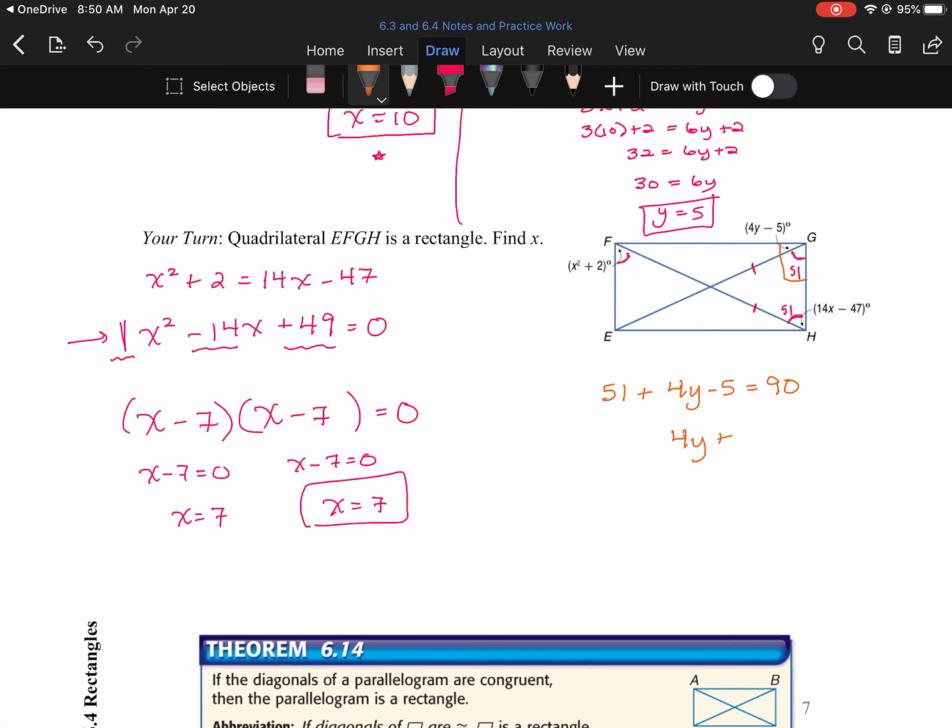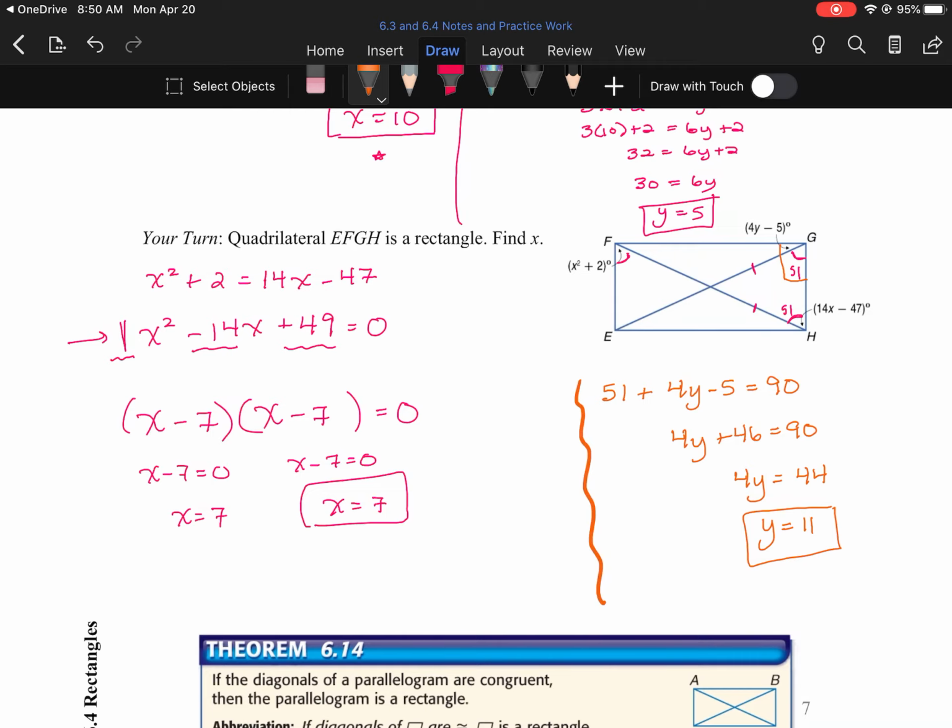So 4y plus 46 is equal to 90. Subtract 46 from both sides. So 4y is equal to 44, and then y is going to equal 11. So just in case on your practice work you need to find something like that, I wanted to go ahead and go over it.